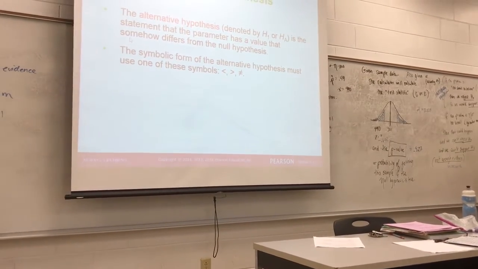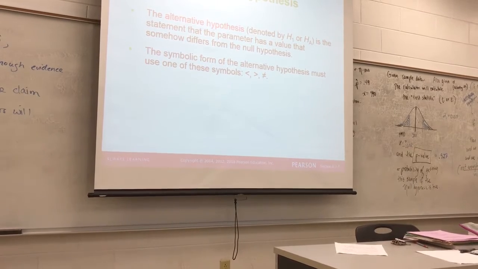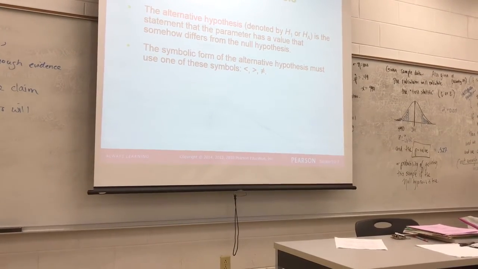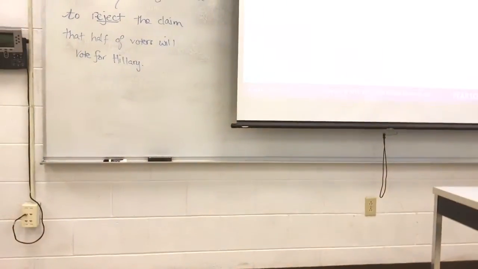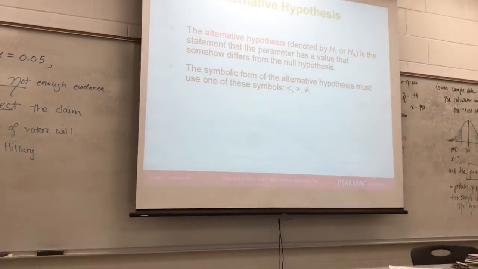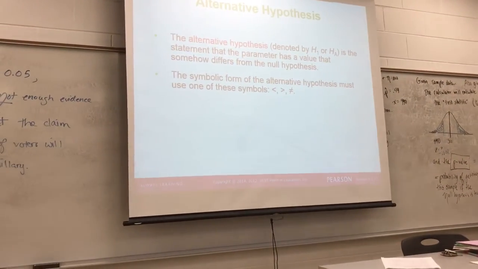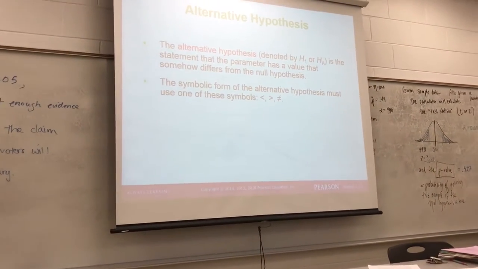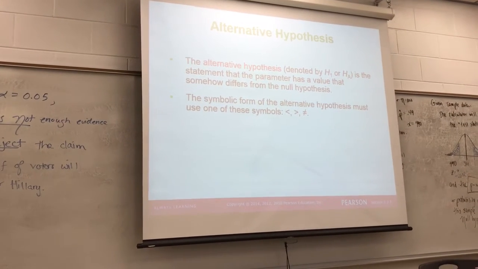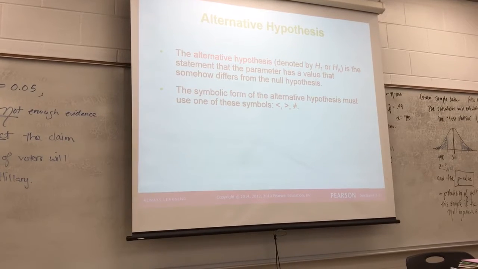The alternate hypothesis, we're calling it H1. Some books and places use HA for alternate. But it's the statement that the parameter has a value that somehow differs from the null hypothesis, either less than or greater than or not equal.